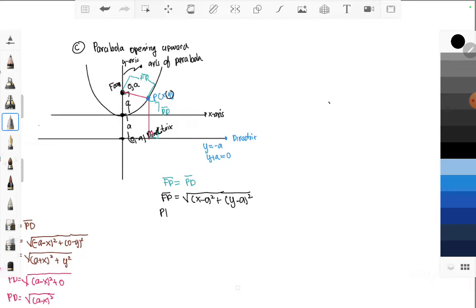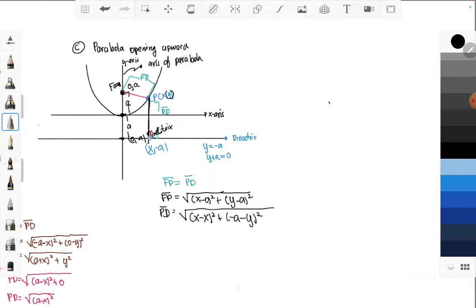And my line PD is of course equal to, what is the point on the line that is perpendicular to my directrix? We can say that this is at point x, negative a. So from this, we'll have the square root of x minus x squared plus negative a minus y squared.